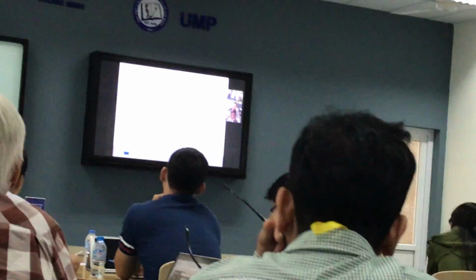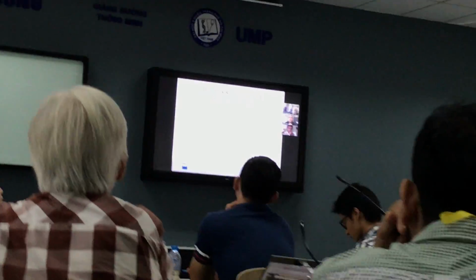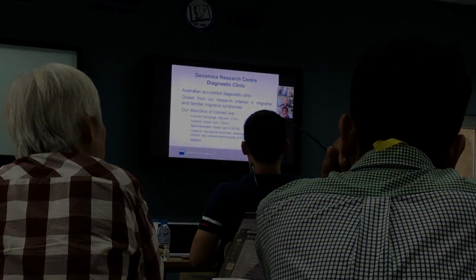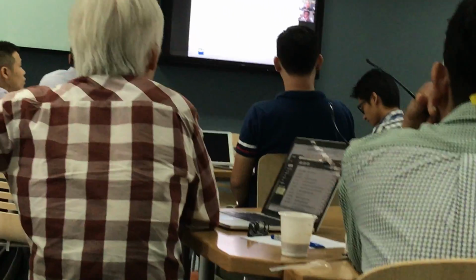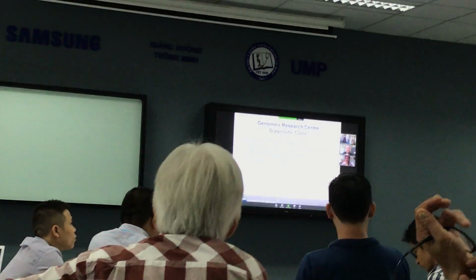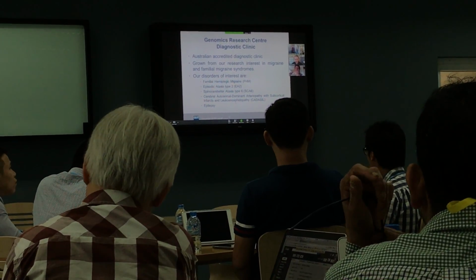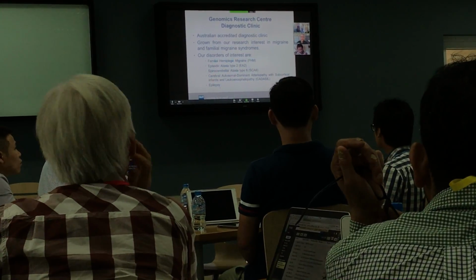So the diseases that we work with are hemiplegic migraine, episodic ataxia type 2, spinocerebellar ataxia type 6, and this very large disease here, cerebral autosomal dominant arteriopathy with subcortical infarcts and leukoencephalopathy, CADASIL, and we're also working on epilepsy.